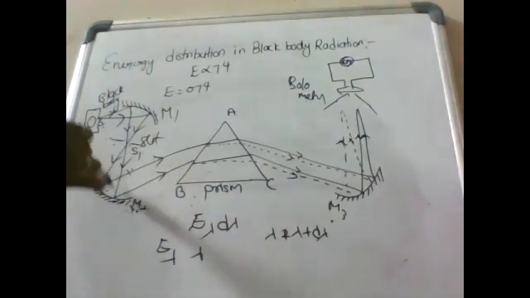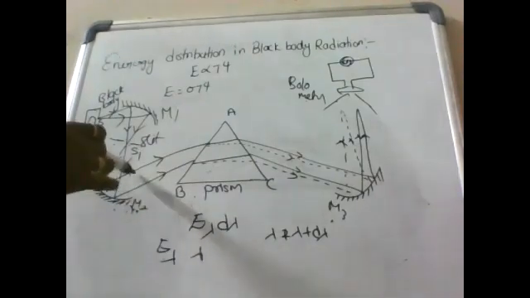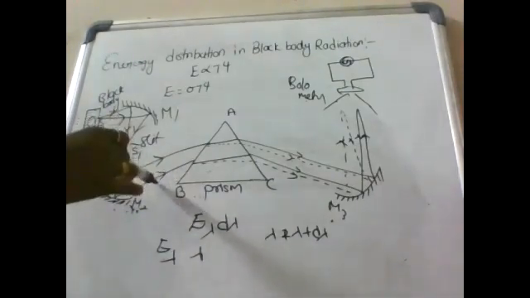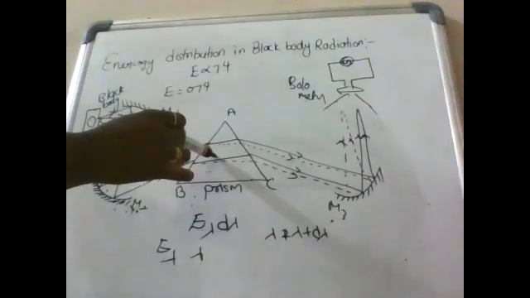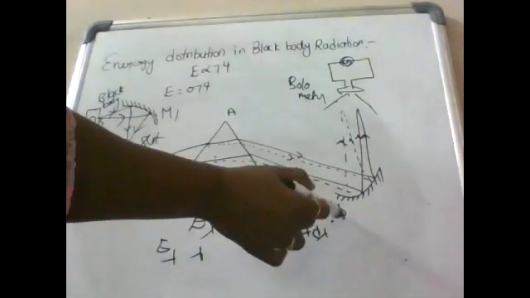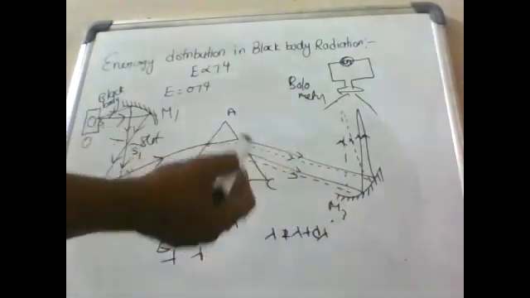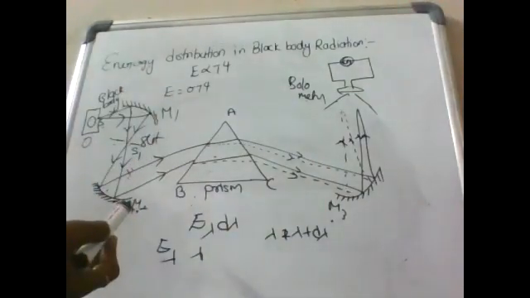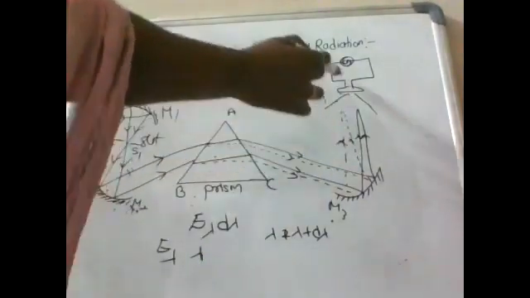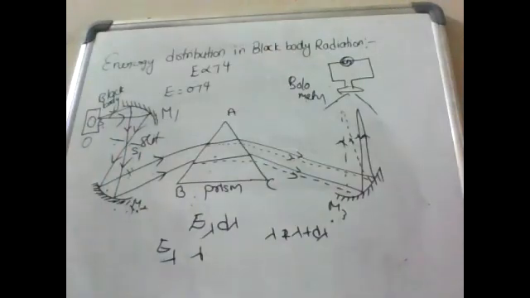After M2 the radiation becomes parallel, and this parallel beam is allowed onto the ABC prism and incident on M3 mirror. Here the mirror is rotated, we get different wavelengths, and this radiation is observed by the bolometer. Different deflections are observed from the bolometer. Then we draw the graph between E suffix lambda and lambda.